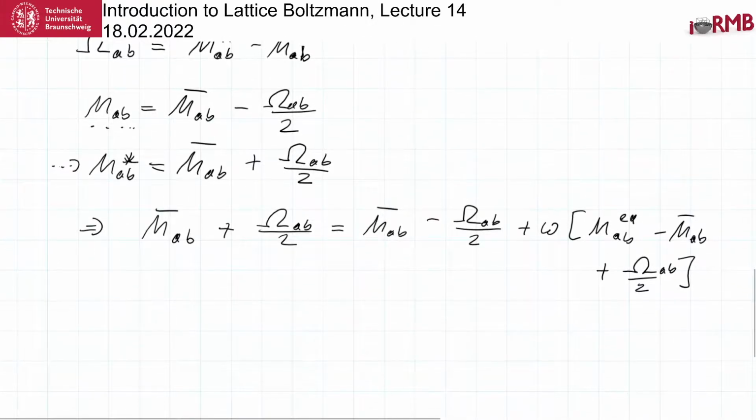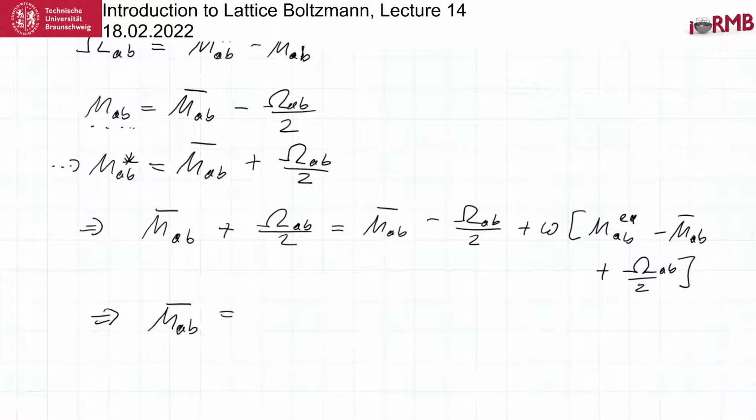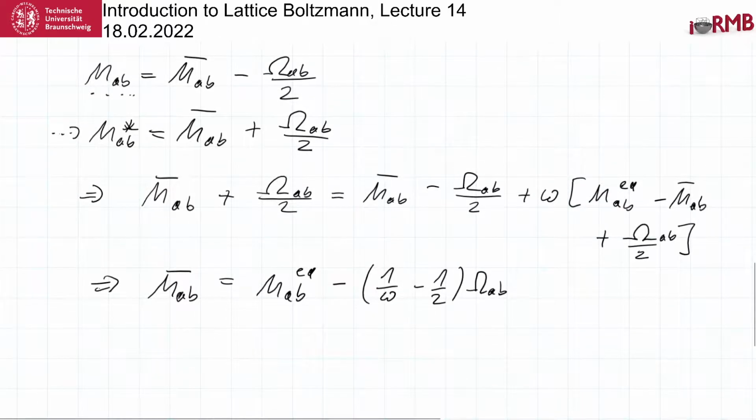This can of course be rewritten as omega_AB is equal to omega_AB equilibrium minus 1 over omega minus 1/2. I just noticed that again I have some mistakes in my notes here, but I hope this is now correct.